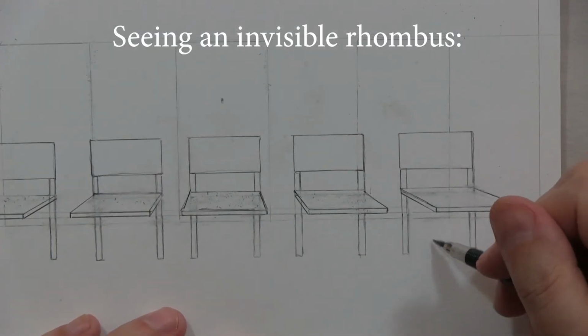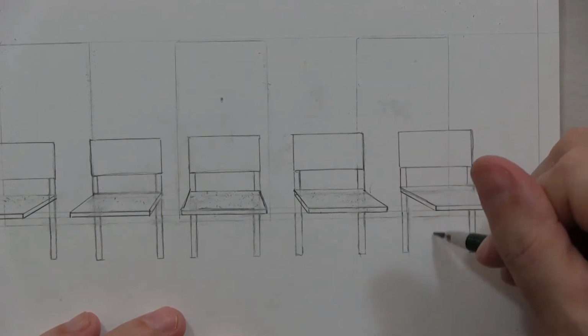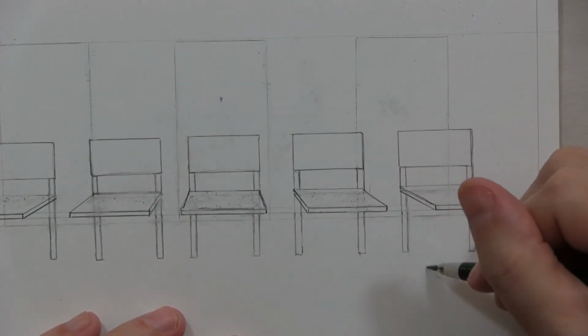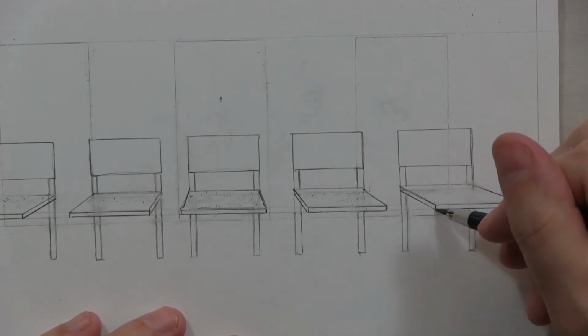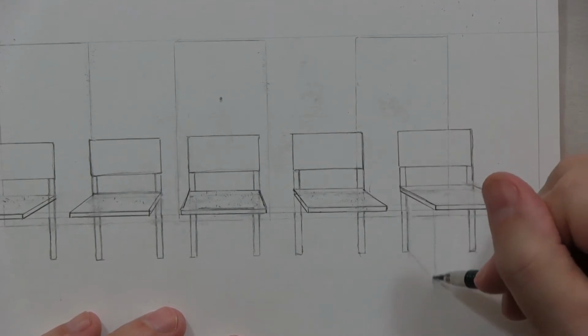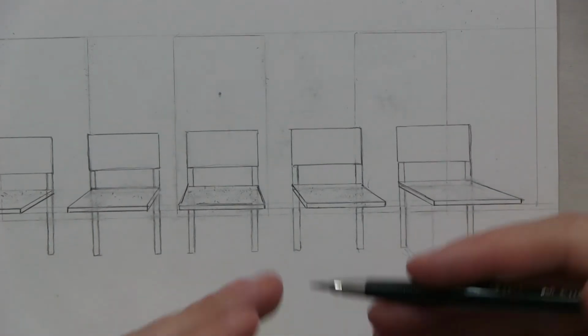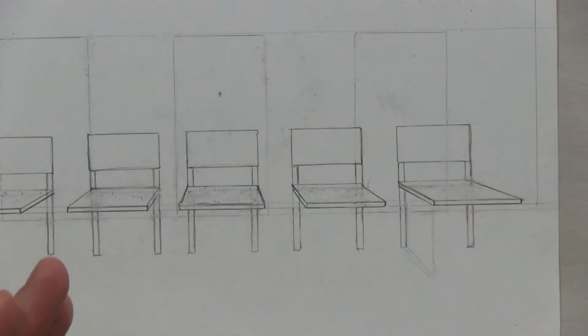So I want to go back to this right here. Let's imagine this was again a cube instead of a chair. Forget about the emptiness here. If this were a cube, we would have this other sort of rhombus here, right? Again, it's not a plane that's squared up with us. This is a plane that's coming out at us.